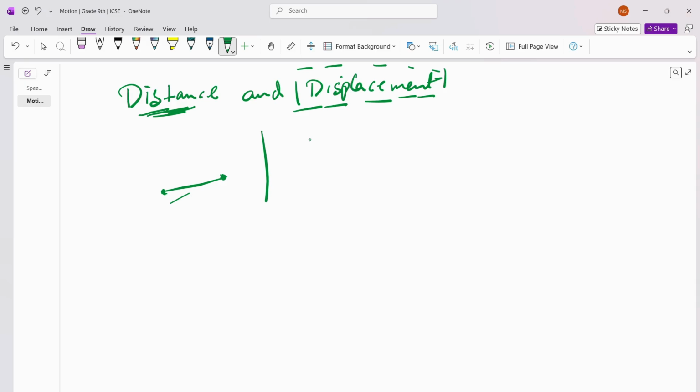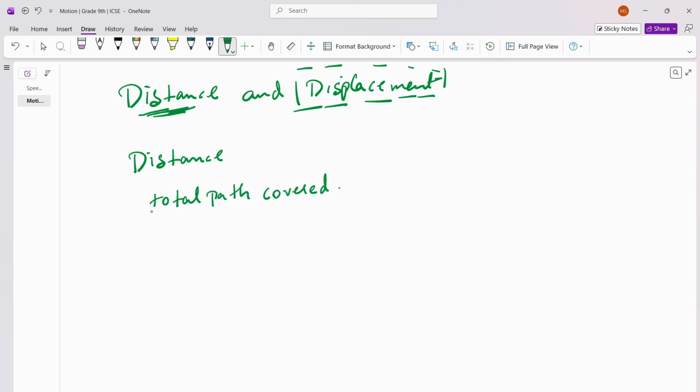Okay, so distance. Let me just erase this. So let's say what distance is. Distance is the total path covered by an object.